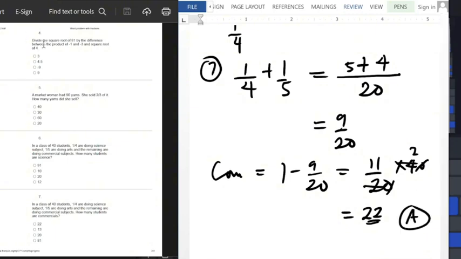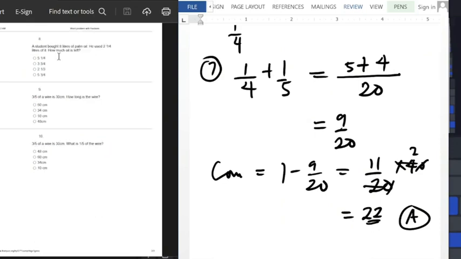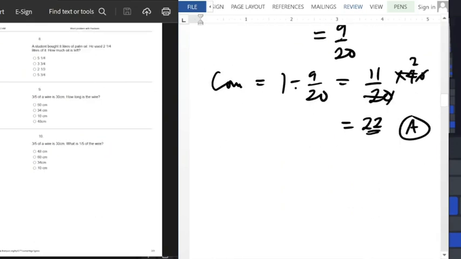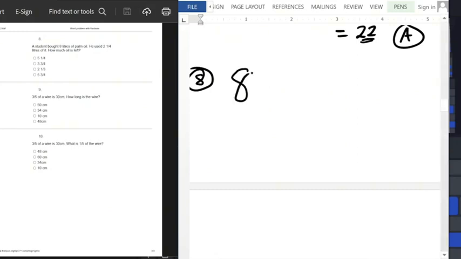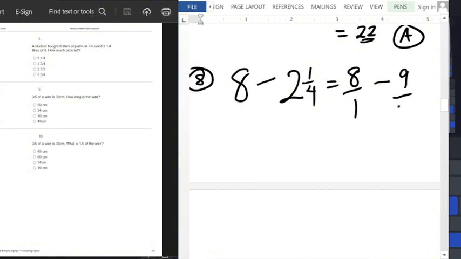Then we'll go to question 8 now. Alright. Question 8. A student bought 8 liters of palm oil and he used 2 whole number 1 over 4 liters of it. So how much oil is left? That's going to be 8 minus 2 whole number 1 over 4. So which is the same thing as 8 over 1 minus 9 over what? 4.